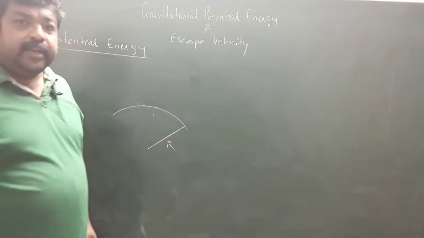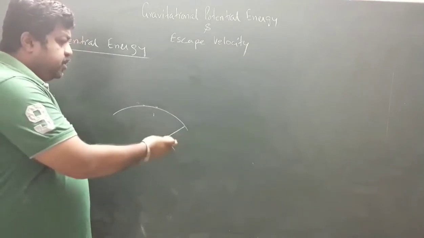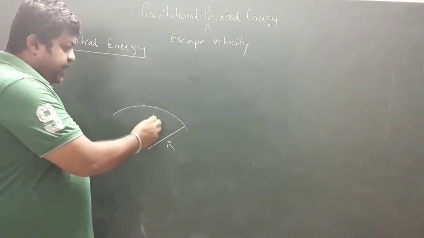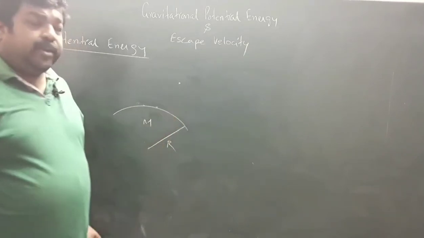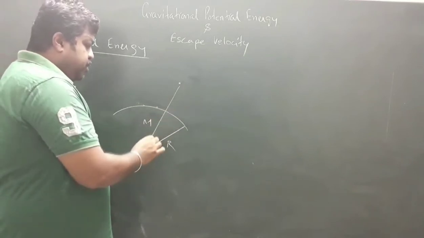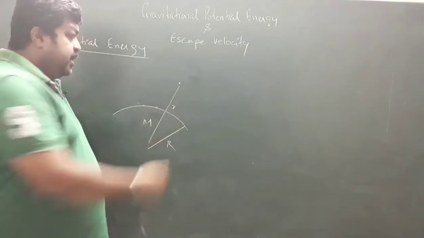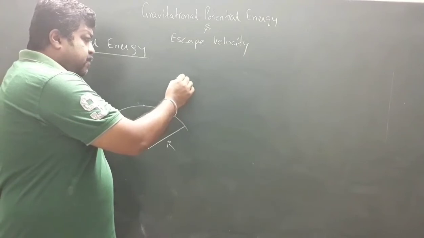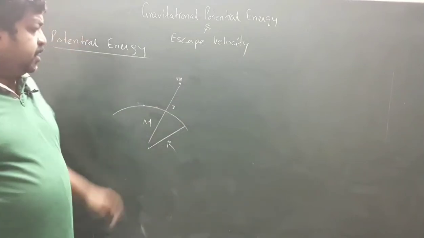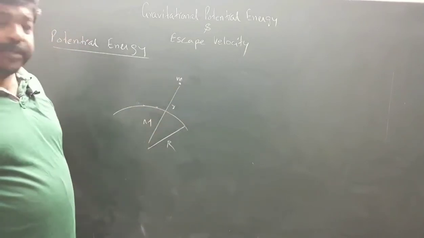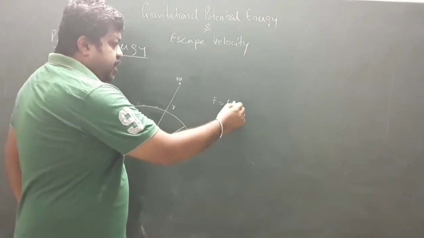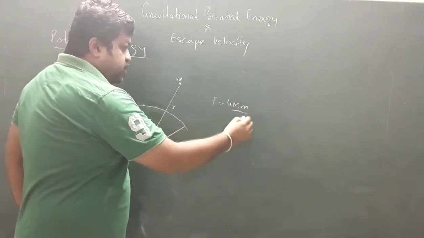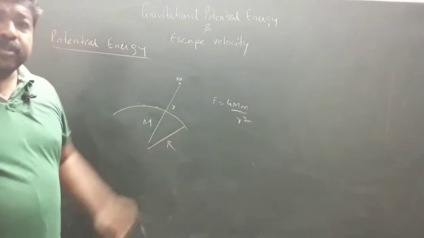Now let us consider another scenario wherein you have the earth of radius R and mass M, and at some arbitrary location at distance r from the center you have a mass m. The gravitational force on this is F = GMm/r², from Newton's law of gravitation.